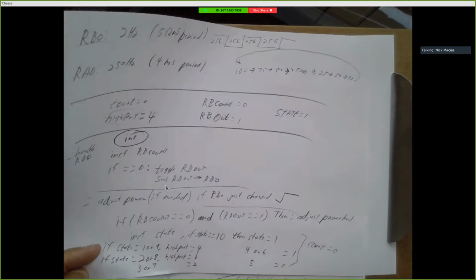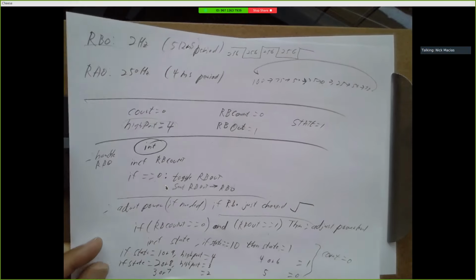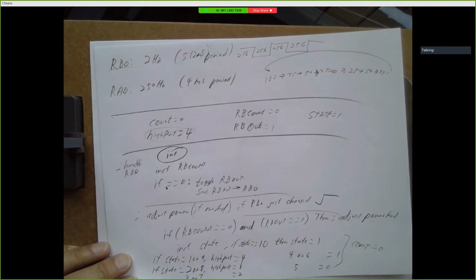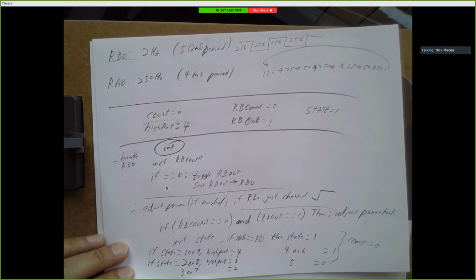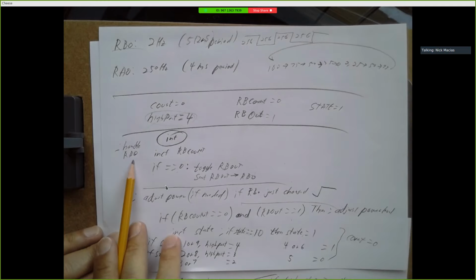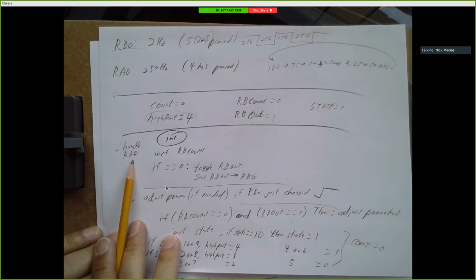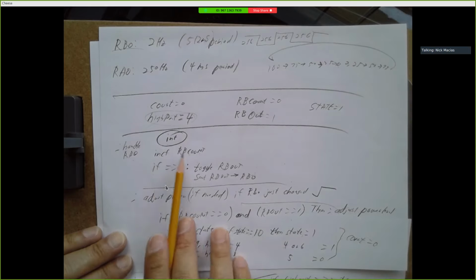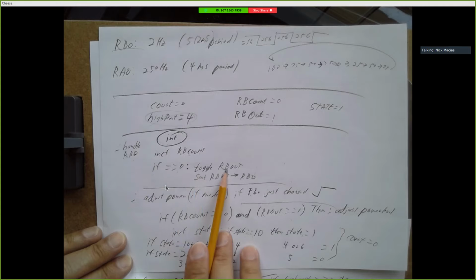Alright, so all of this could be your interrupt code. Lots of stuff happens in your interrupt. But it's 3 pieces. Alright, quick review. Adjust RB0 as appropriate. So you get an interrupt. First thing you do, adjust RB0. Increment your RB count. If it rolls over, toggle RB's output and send that to RB0.